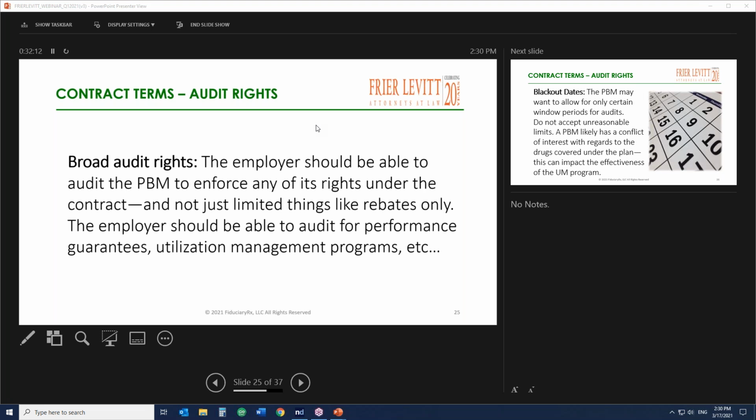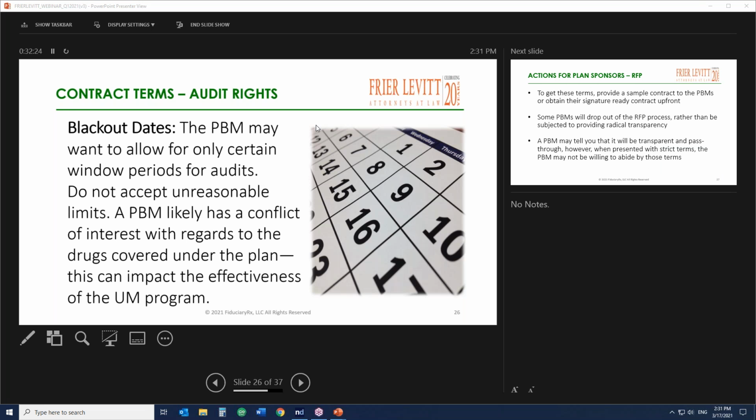At the end of the day, between plan sponsors and PBM, the governing document is the pharmacy benefit management agreement. Now, usually PBMs limit the audit to a certain window of time, and if the plan sponsor misses that window, then the plan sponsor loses its ability to audit and check the performance of the PBM.